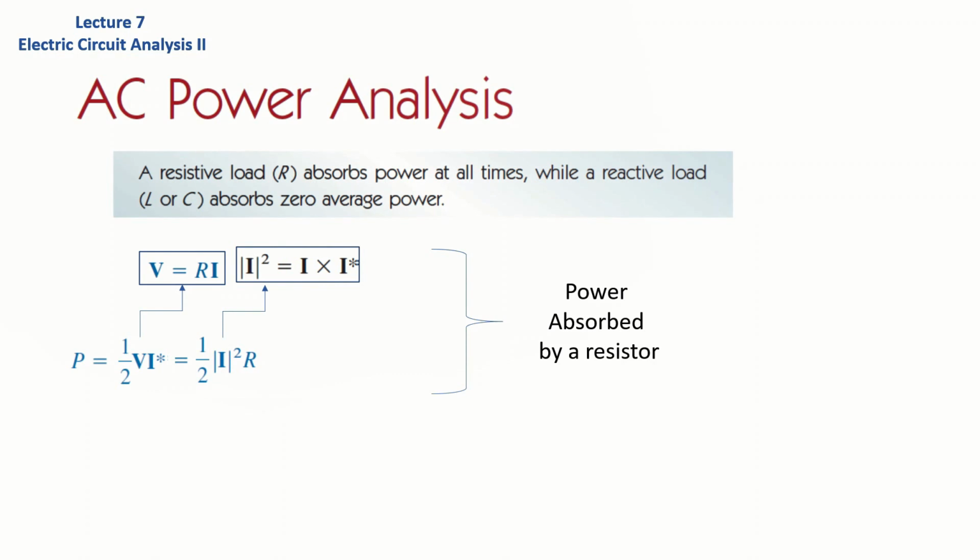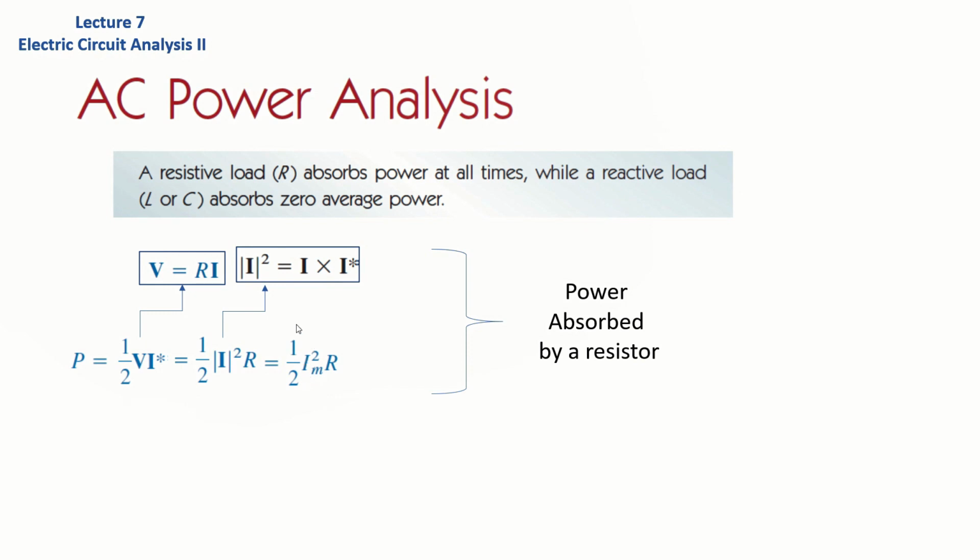When we take the square of j, it contributes minus 1, so it converts the negative to positive, and this is equivalent to the magnitude squared of the phasor I. Therefore this expression will be a real expression. It will not have any imaginary part, and it culminates in Im squared times R, because the magnitude squared of phasor I is effectively equal to the square of the amplitude of I.